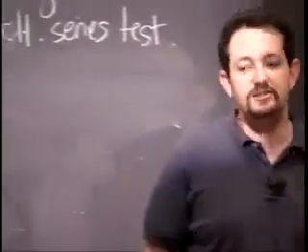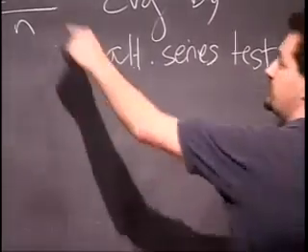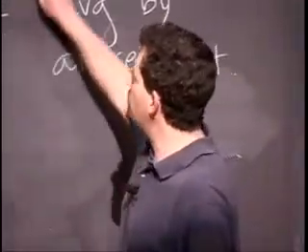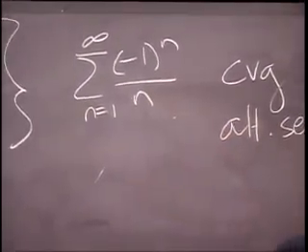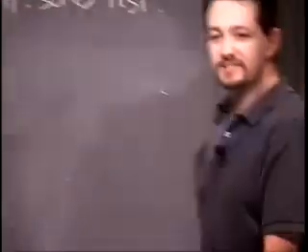Now, we know it does not converge absolutely, because we looked at it before. We said, if it weren't for the minus 1 to the n, if that was just a 1 on the top, it would diverge. And yet, with the minus 1 to the n, it converges by this test.